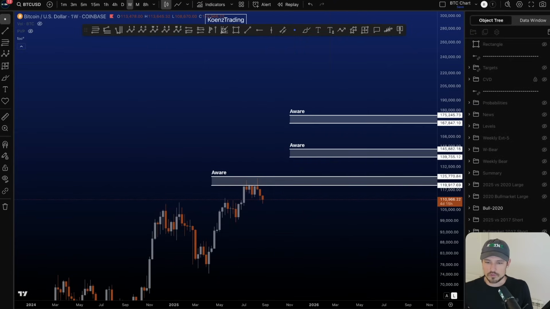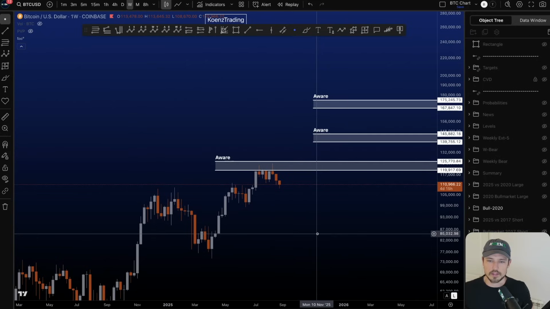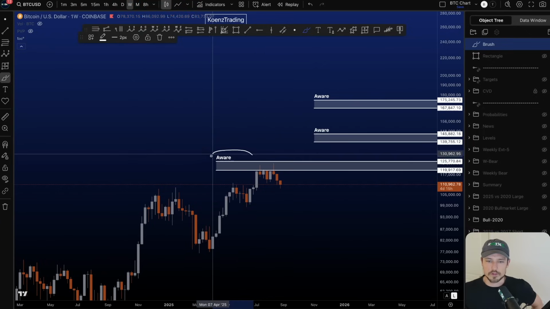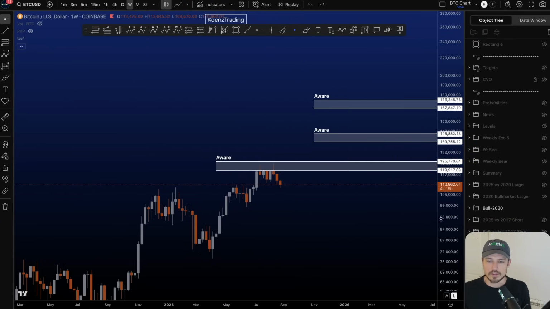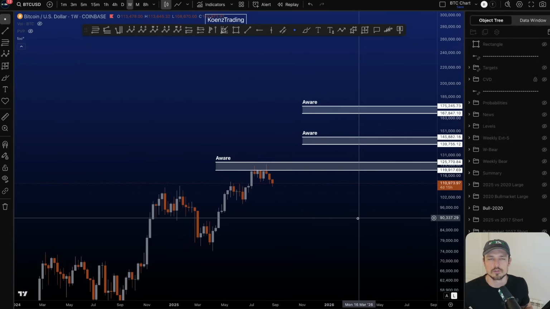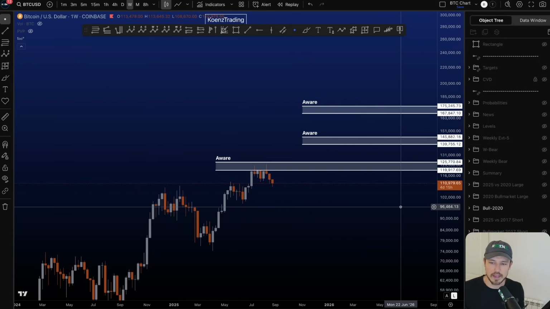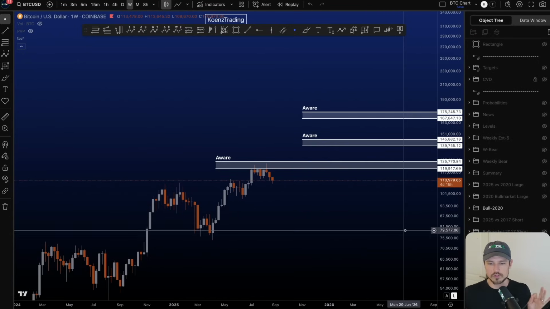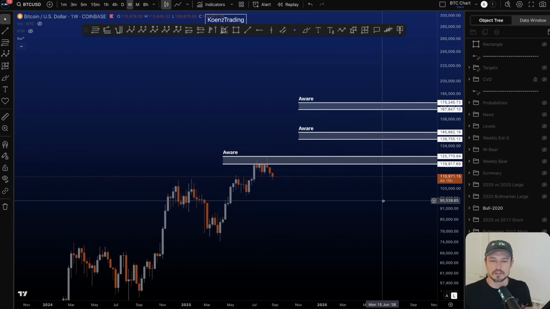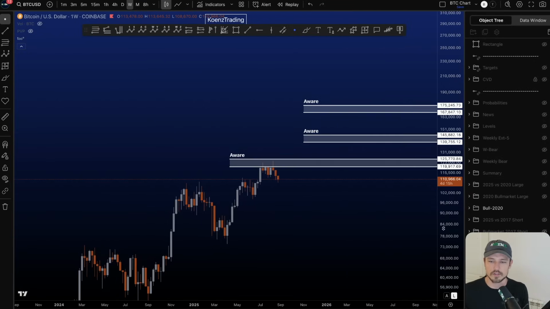So if I shortly remove this from my chart, then you can see 3 aware areas. The first one here is touched. Now these aware areas are calculated based on my personal KRZ method, and I would have to go too much in depth in how that works, but it's basically a bunch of fibs that are very, very nicely respected, and they work very well when price is in all-time highs and price discovery.